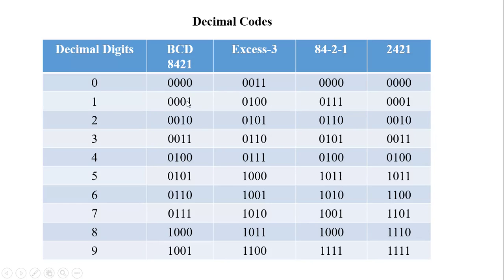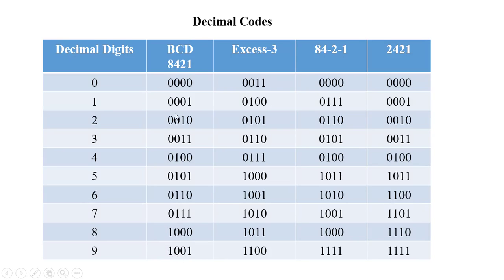This is the BCD of decimal 1, and this is the BCD or 8421 code of 2. So 2 in BCD is represented by these 4 bits. This is the binary of 2. 9 is represented by the 4-bit binary of 9. So this is the BCD code of 9. So these are all BCD codes.